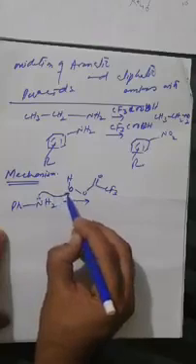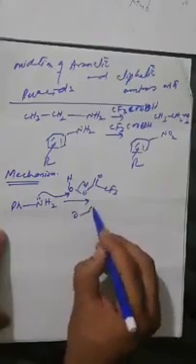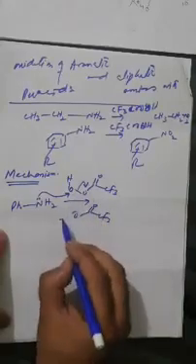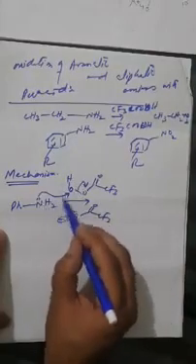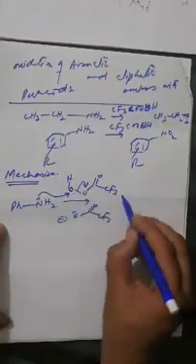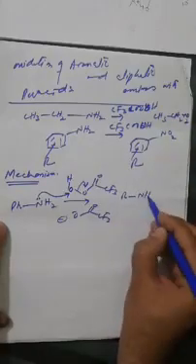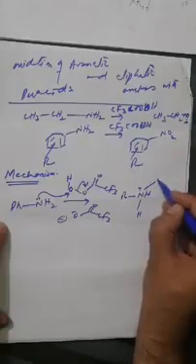What will happen when this lone pair attacks here? This bond moves here. So the trifluoroacetate ion leaves, and amino makes a new bond with this hydroxide through this nitrogen.